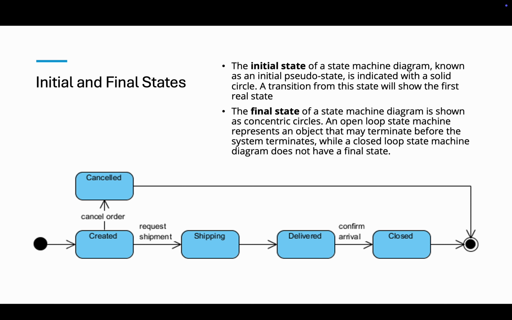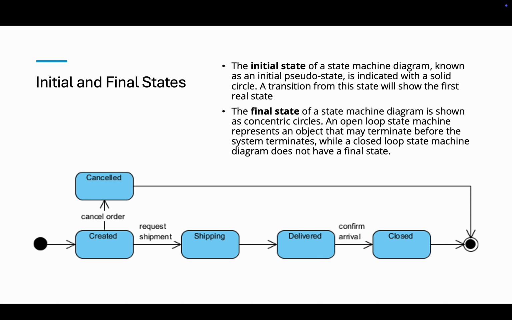Okay, so the initial state of a machine, that's that black circle there. We call that a pseudo state because it's not really a state that it's in. This is indicated here, it's a transition into the first state, okay? Similarly, the final state is a black circle with another circle around it. Okay, this is the end state.